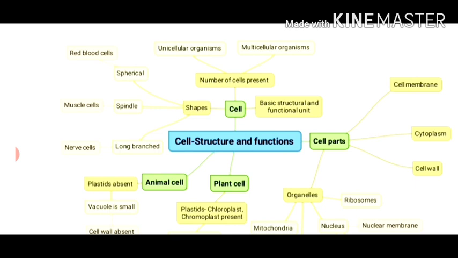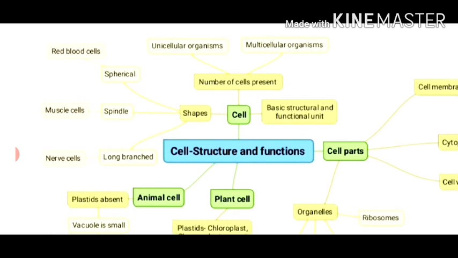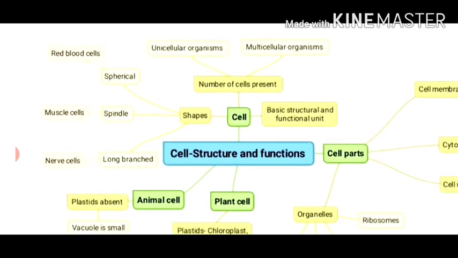Secondly, we discussed unicellular and multicellular organisms. Single-celled organisms are called unicellular. On the contrary, organisms which are made up of more than one cell are called multicellular.